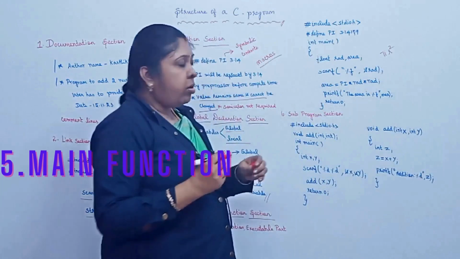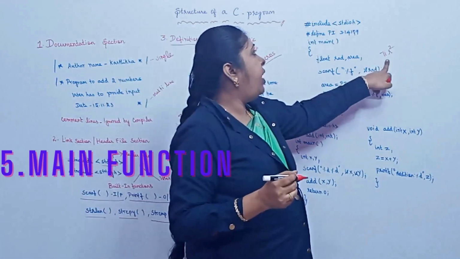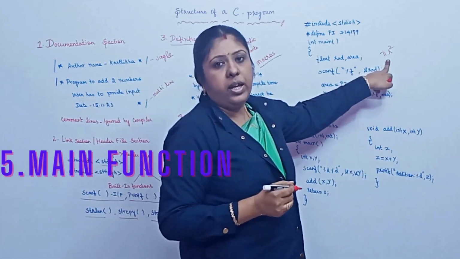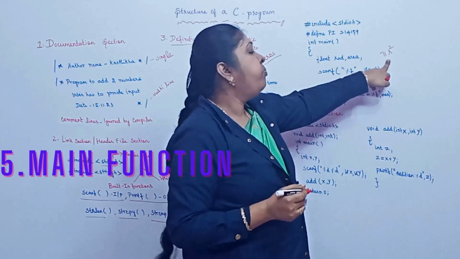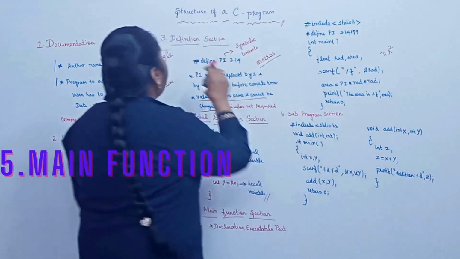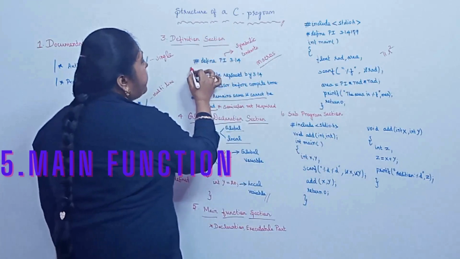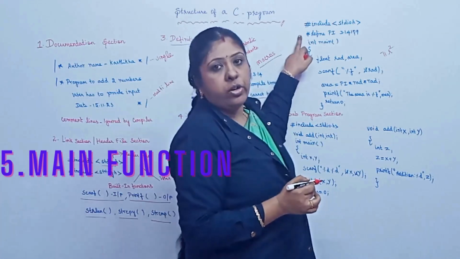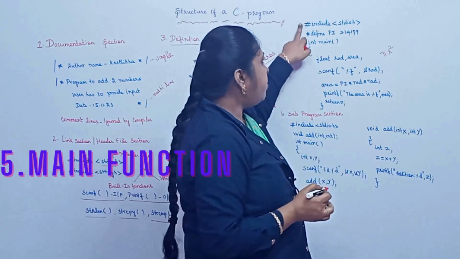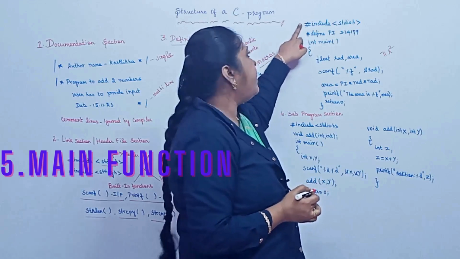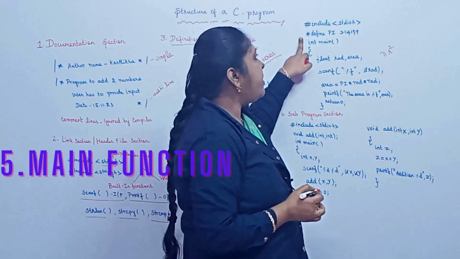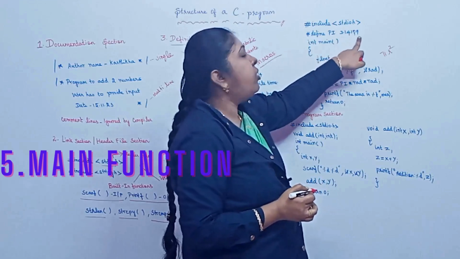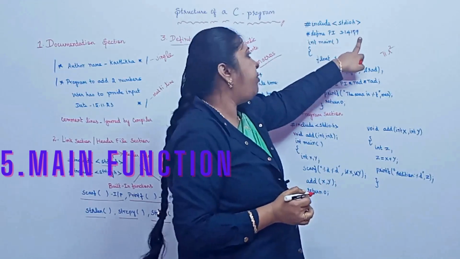So here we are going to define the pi value 3.14 as a hash define, the definition section we had already discussed. Hash include stdio.h, hash define pi 3.14159. The value is defined here.